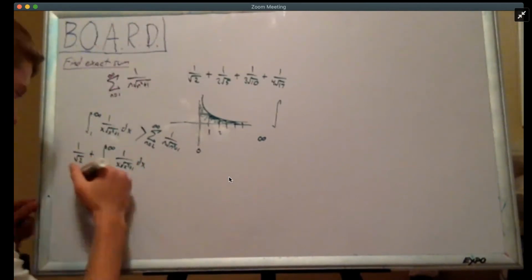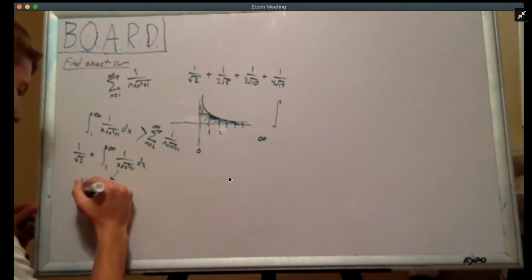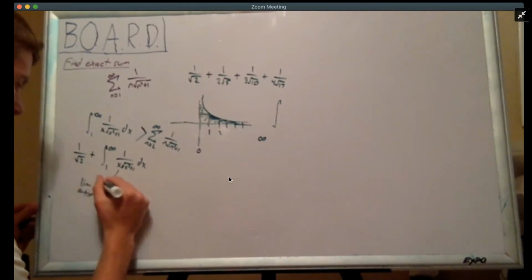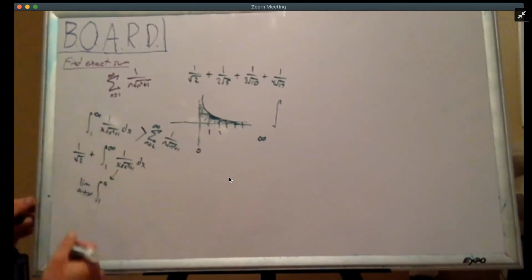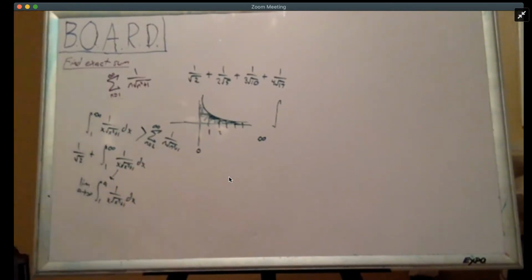Also, this is not very proper, so I'm going to make it the limit as a approaches infinity of the integral from 1 to a of 1 over x root x squared plus 1 dx. We just do that to make sure that infinity isn't just plugged in. We have to have the limit as something approaches infinity, and it's a lot better.